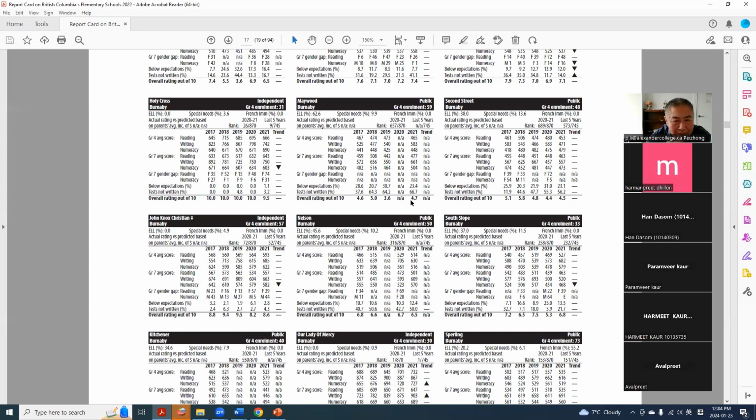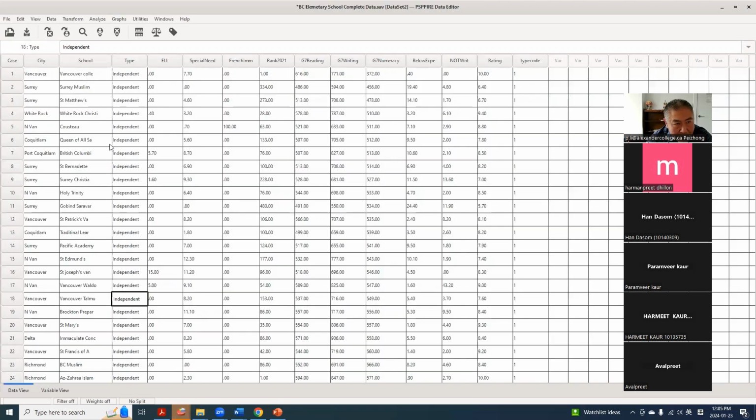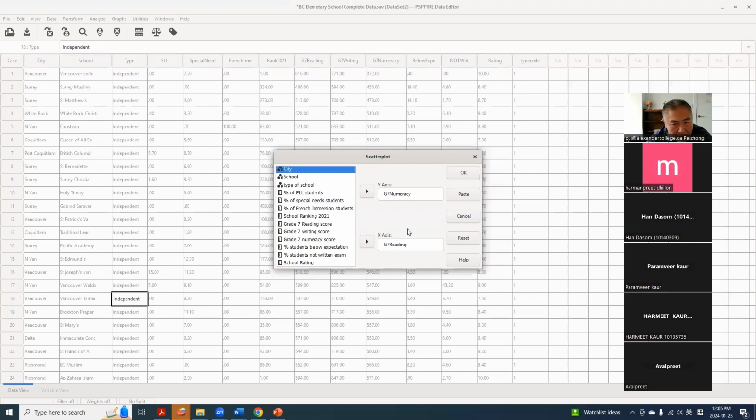So one prediction is that schools that have good ranking, top ranking, would have a high rating. But schools that rank close to the bottom would have a poor, lower overall rating. So I'm going to look at that in a scatter plot.